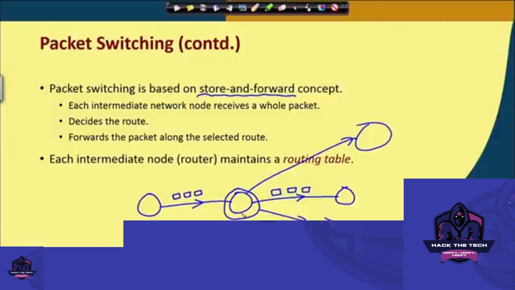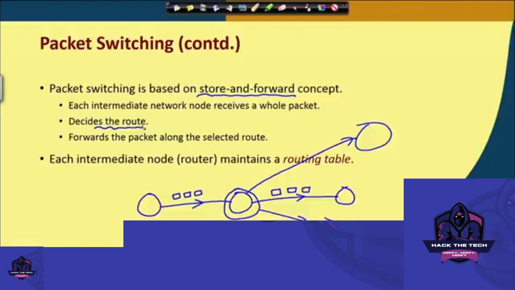Whenever a packet comes, the node will have to decide which outgoing link to forward this packet to. This will decide the route the packet should follow, and this is typically done on a per packet basis, not on a per message basis. Each packet is independently routed through the network.